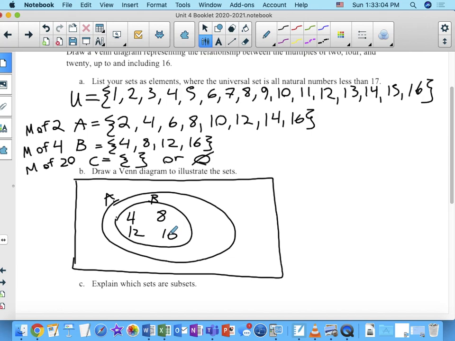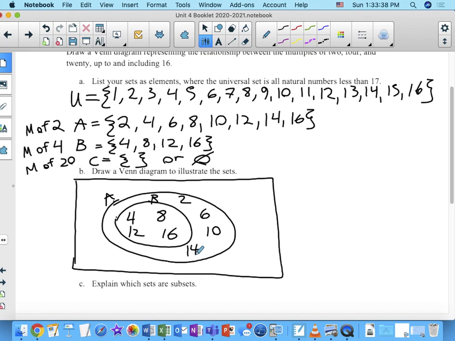What I have to put on the outside, right, on this sort of blob on the outside, that's outside of B but inside of A, are all of the numbers that are inside A but not inside B, like 2, 4 I've already got down, 6, 8 I've already got down, 10, 12 I've got down, 14, and 16 I've already got down.